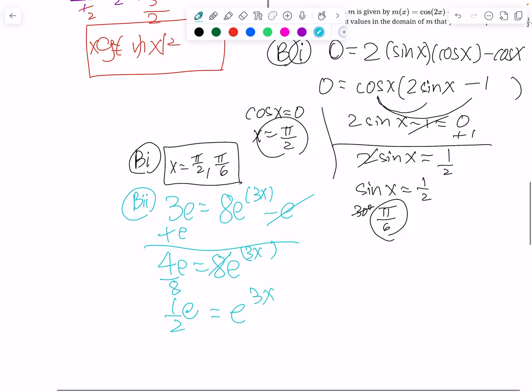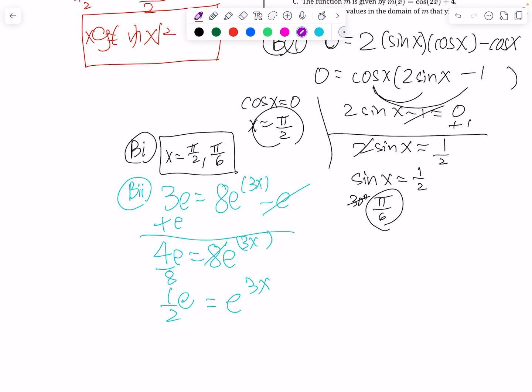Now I want to get rid of this e, so I'm going to do the ln of both sides. So ln and e cancel, and we're left with 3x equals ln of e over 2. Now opposite of multiplication is division, so divide both sides by 3.